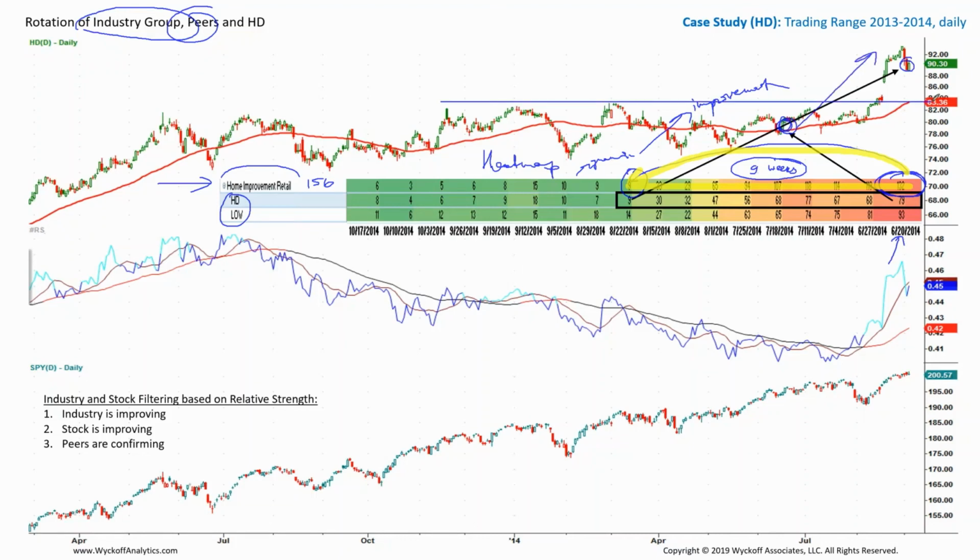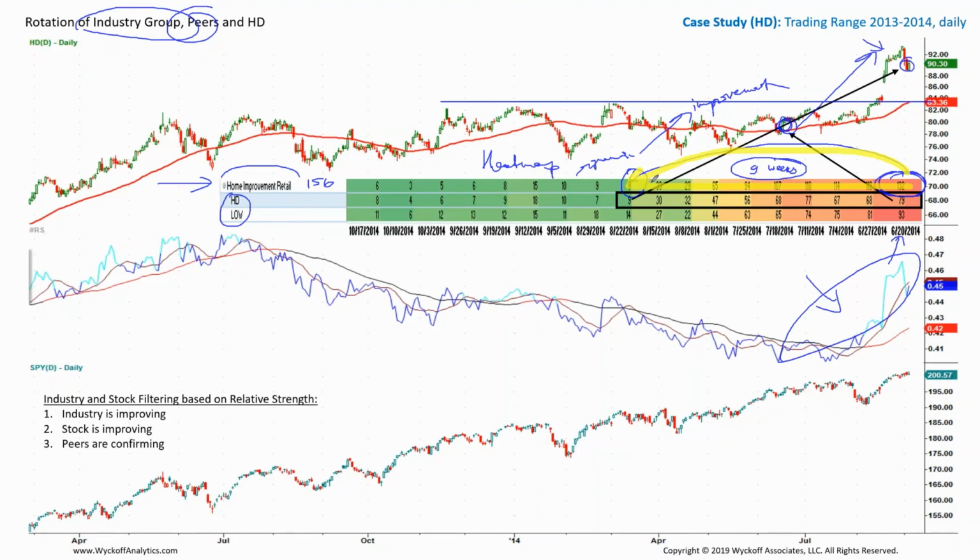It overcame a long-term resistance and committed to the upside. So a significant move to the upside produced a significant rally on the relative strength. We could see that this was the relative strength rise right here. And we could see this in the heat map as well. So the heat map is just another tool for us to visualize the same concept.